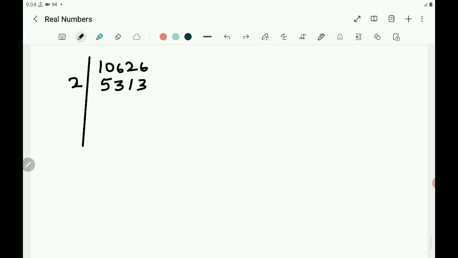Now you try it by 3, whether it is divisible by 3 or not. Add the digits 5 plus 3 plus 1 plus 3. So here 5 plus 3 is 8, 8 plus 1 is 9, 9 plus 3 is 12.